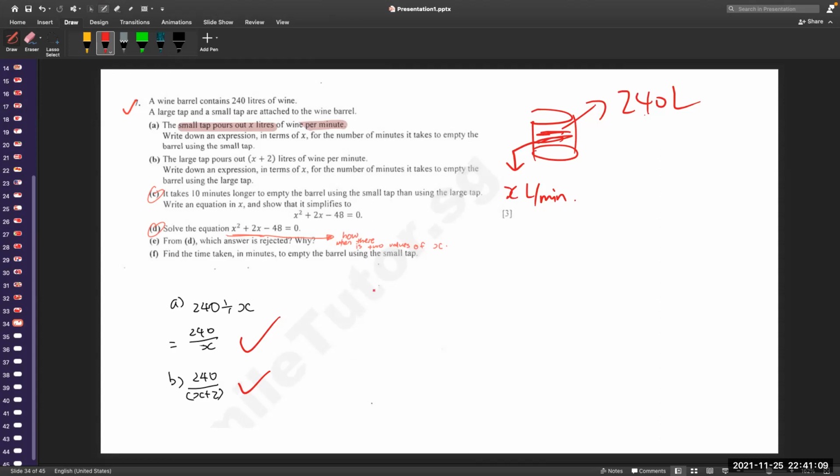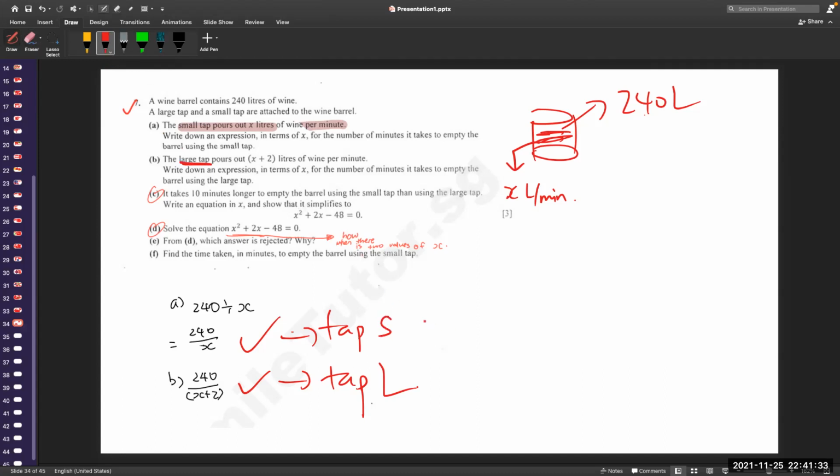Can I ask you, which one takes longer? This is tap A, this is tap B. This is a larger tap, so I just call it tap L, denoting larger tap. Then this is the small tap.